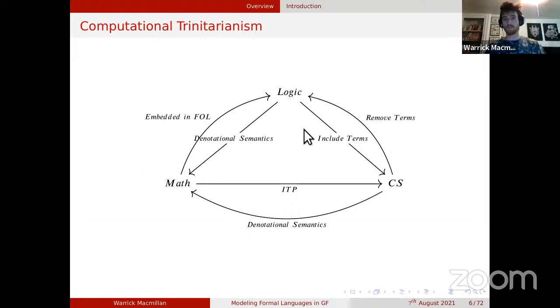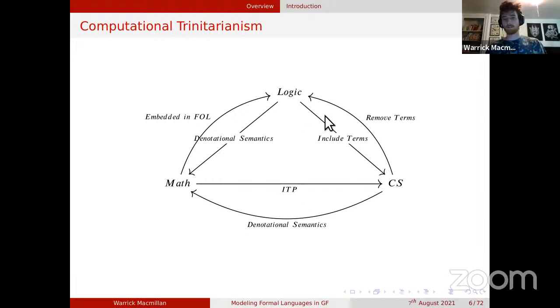So you include the terms if you want to go from logic to computer science, where somehow the term encodes everything that needs to be known. And that's where type inference comes into play, so that you can reconstruct the type from a term. That's not always the case, especially with dependently typed languages, as we'll see.